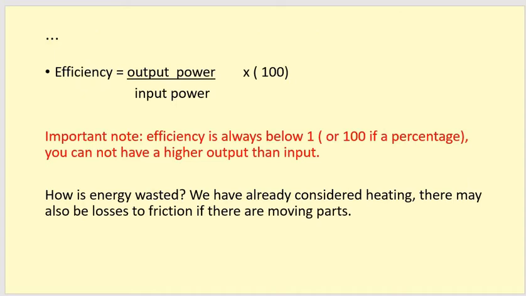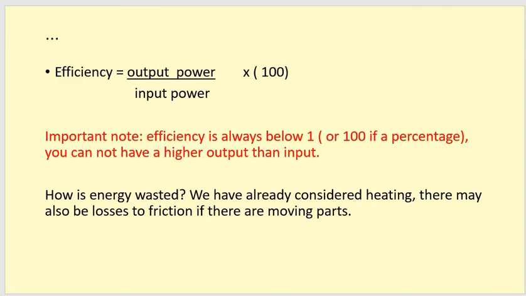And the efficiency, moving on now, is the output power divided by the input power. If you want to make it a percentage, you multiply it by 100. Now, important note, if you're doing the basic number output divided by input, efficiency will always be below 1. If it's a percentage, it will be below 100. You cannot have anything be more than 100% efficient because that means it will be putting out more power than it's taking in.